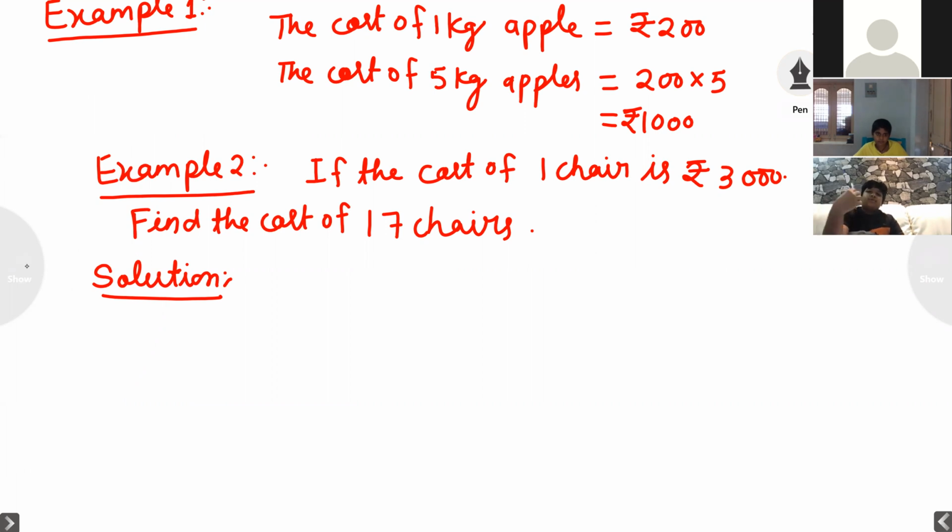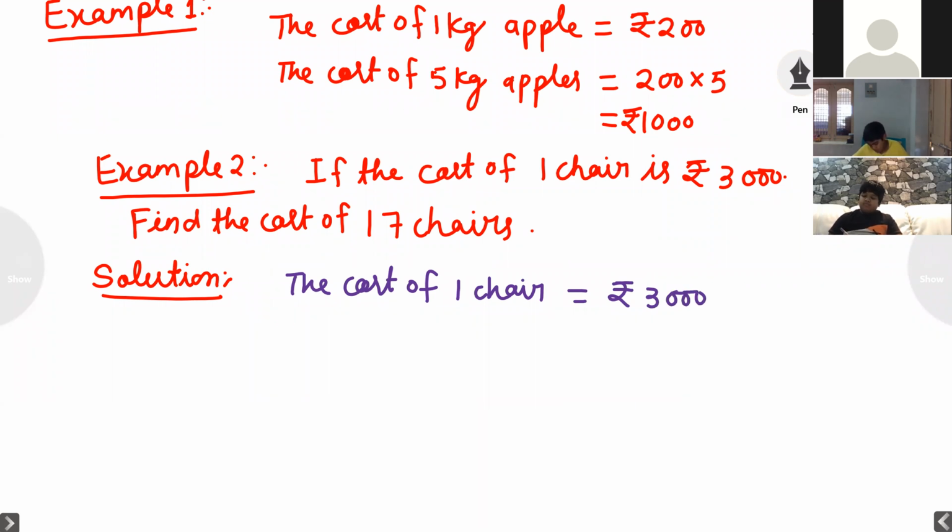The cost of one chair is equal to rupees 3000. The cost of 17 chairs is equal to 3000 into 17.